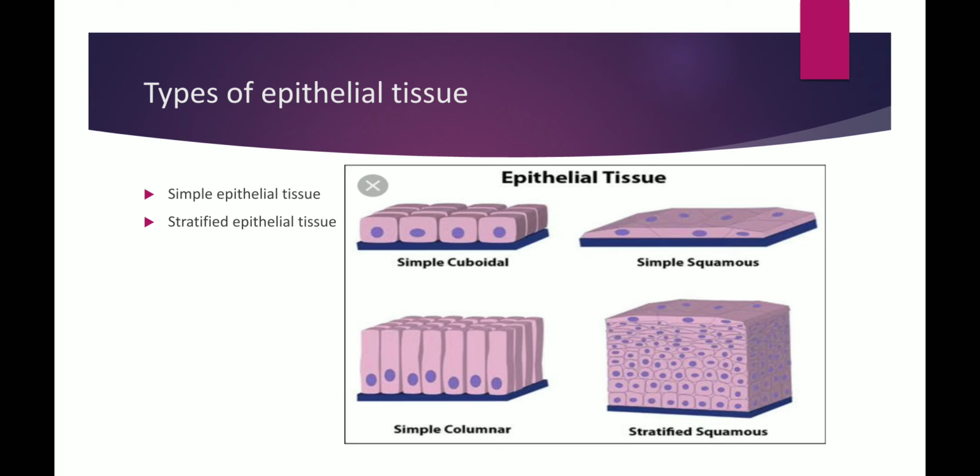They are present in blood vessels, eyes, trachea, oviduct, etc. Stratified epithelial tissue is also differentiated into two types: stratified epithelium and transitional epithelium. Stratified epithelium is present in the epidermis of skin, esophagus, cornea, vagina and rectum. Transitional epithelium is present in the urinary bladder.